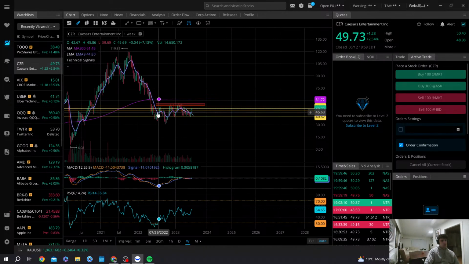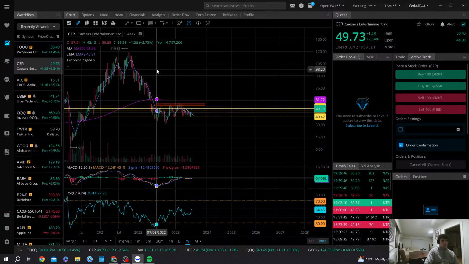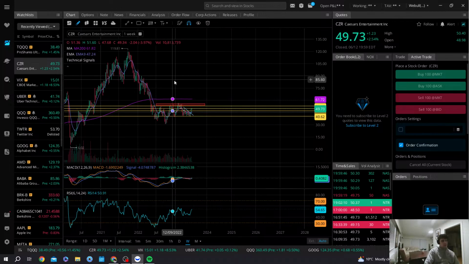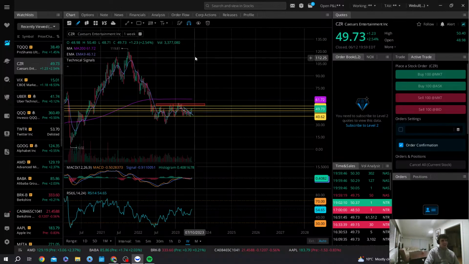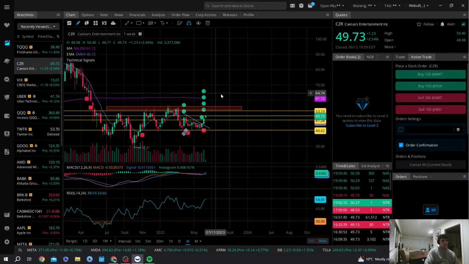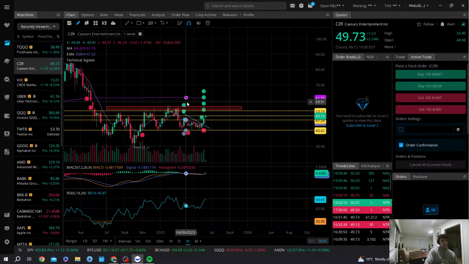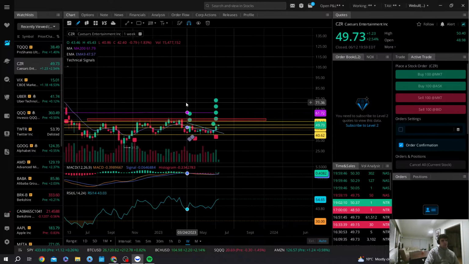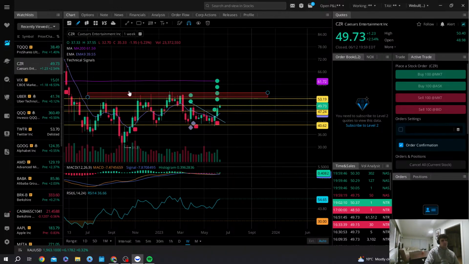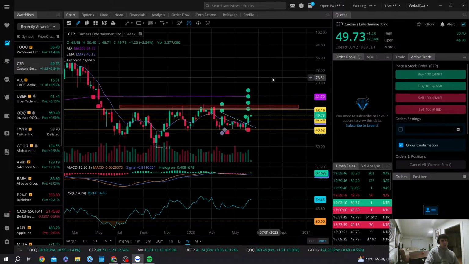Consolidated from July last year to now, and now we're starting to see some buys come into the market and hopefully continue on. But we do have a strong resistance level around the 50 to 56 range.